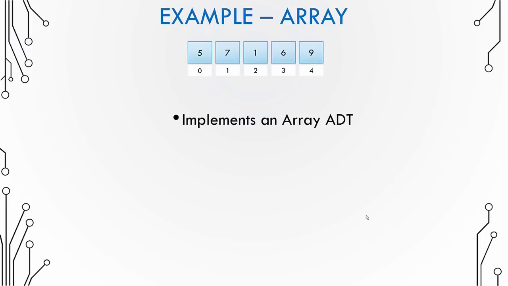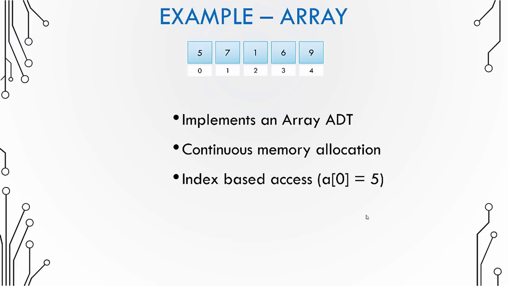So if you have to implement an array abstract data type, then you will say that the memory allocation is continuous. In any programming language, an array is basically a collection of objects that sit beside each other in memory. So they are allocated continuously. And then for random access of an element, you provide an index-based access.